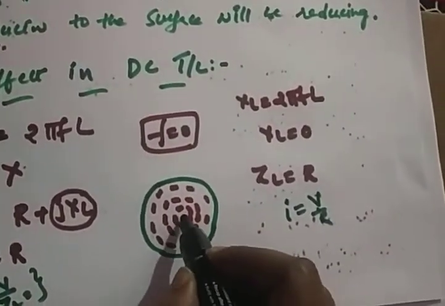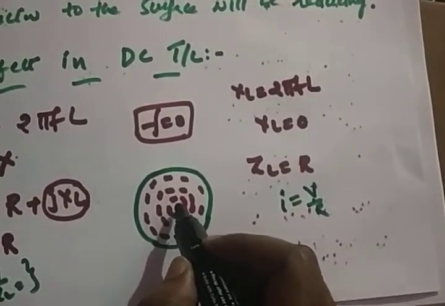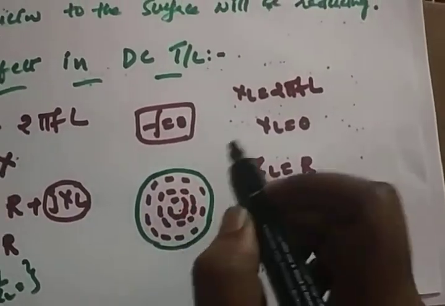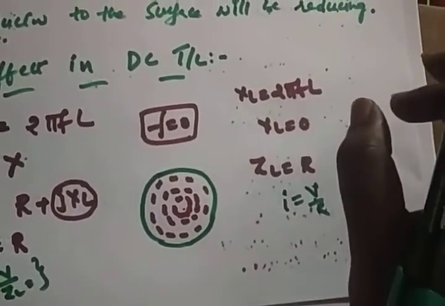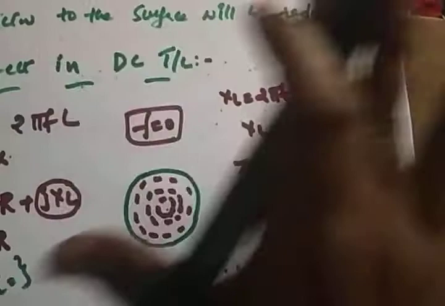Near the surface of the conductor the resistance will be R, and near the center of the conductor the resistance will also be R. The effective resistance is not disturbed, and the current is also equal.